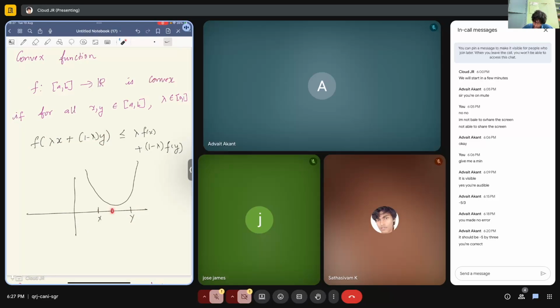So let's say you choose a point here. The f of this point is less than or equal to the value on the line. Let's say this is f of x and this is f of y.